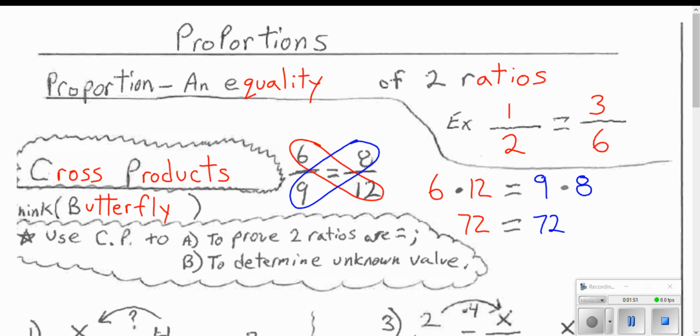Because the cross products are equal, that means it is equivalent. That is a proportion. We use cross products to prove that it is a proportion. To prove it, we did cross products. And yes, they are equal.